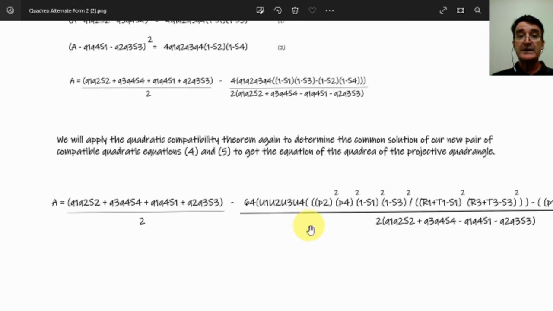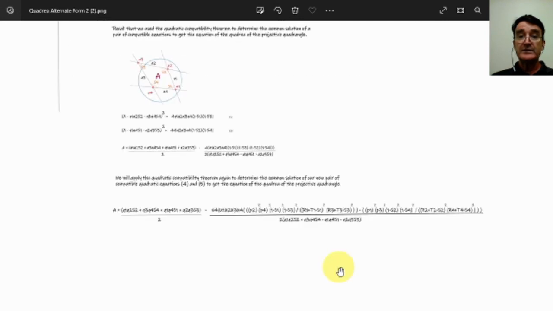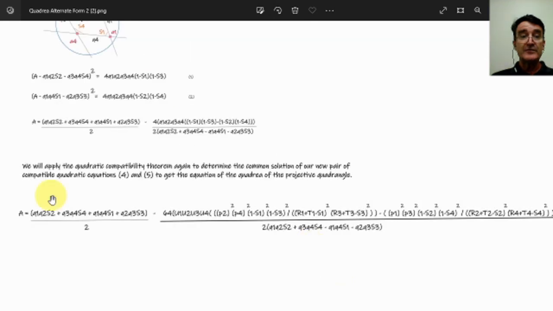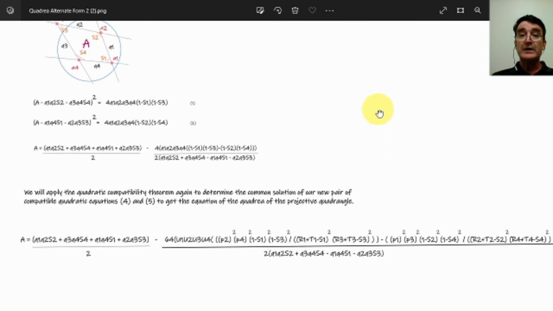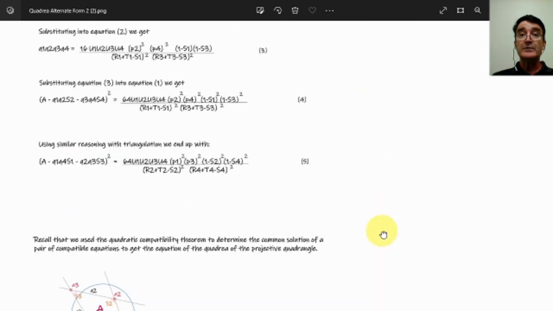Then we get this expression for the quadria of a projective quadrangle. This is like the alternate form. So this equation here also gives us the quadria of a projective quadrangle when we apply the quadratic compatibility theorem to equations 4 and 5, which we derived previously.